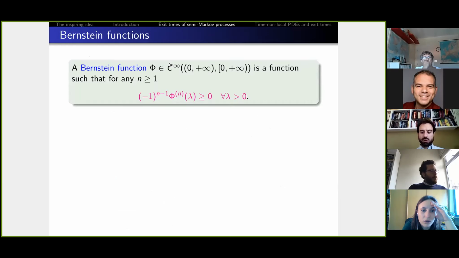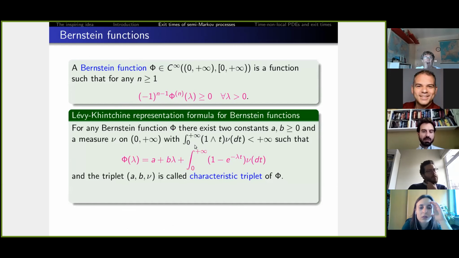So in order to introduce this more rigorously, be patient. This is a couple of slides of math. I need to introduce the concept of Bernstein functions, which are essentially functions which are non-negative, non-convex, and whose derivative is completely monotone. But what is important is that a function, to be a Bernstein function, must be represented in these ways, and vice versa.